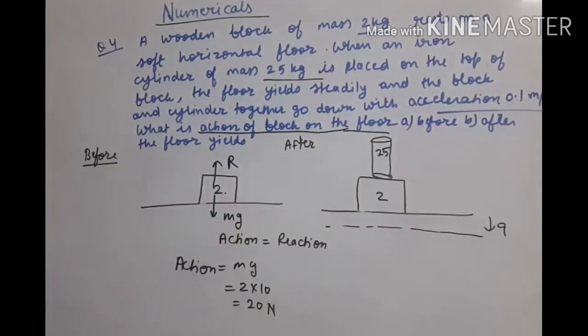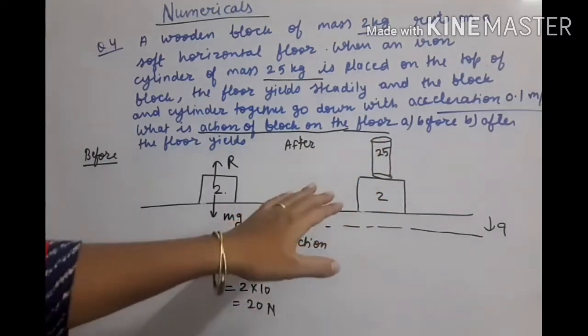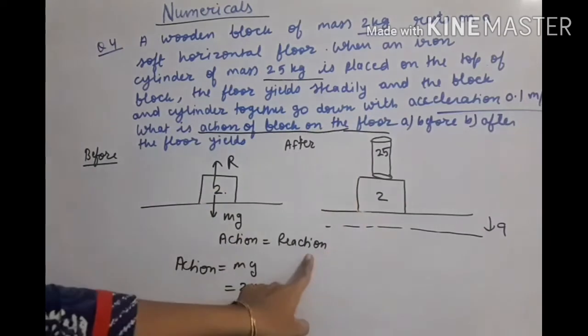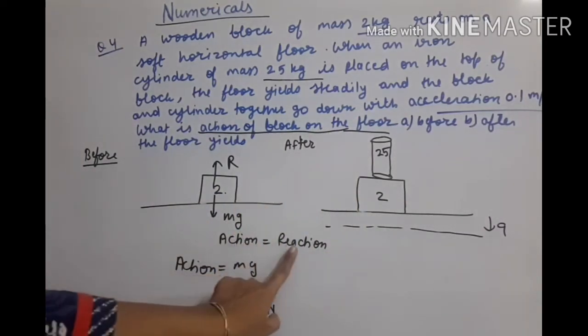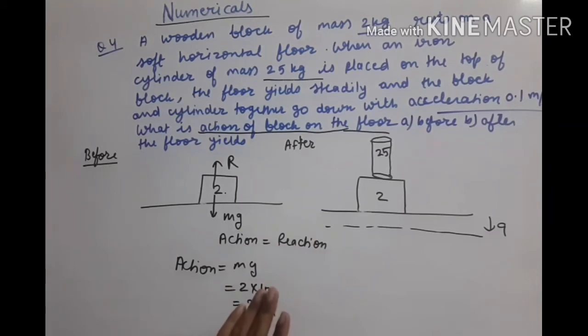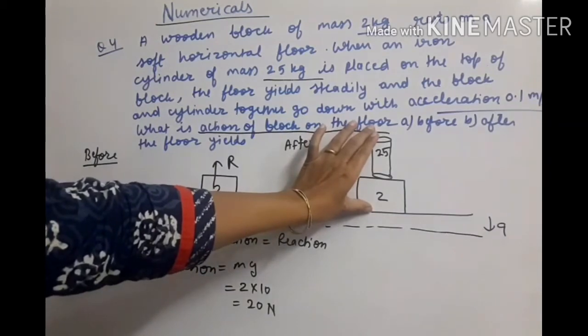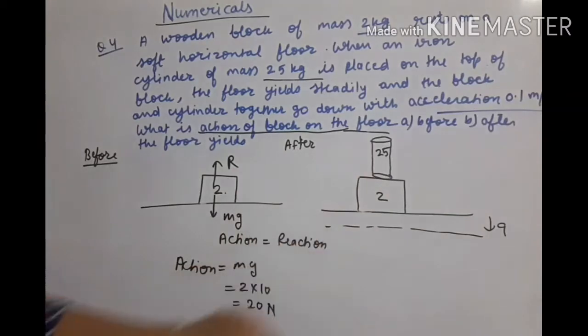Now let us understand the situation. In this case also we will solve the reaction force first, and with the help of reaction force we will solve the action force. So actually we have to only solve the reaction force. Now how to solve the reaction force? First of all, the total mass of the system is 27 kg, 25 plus 2 is 27.